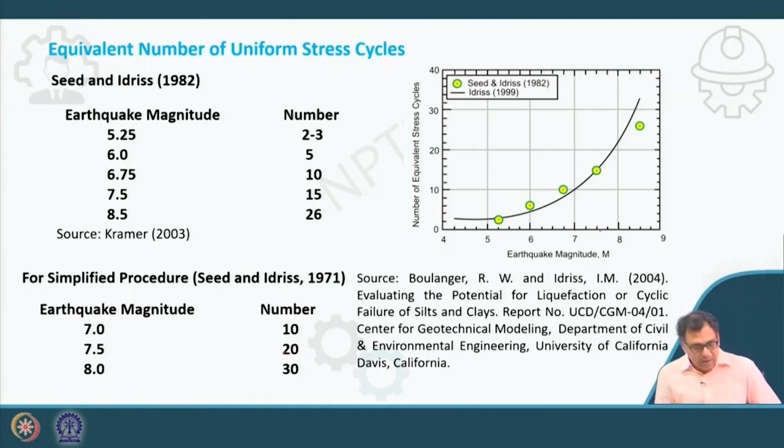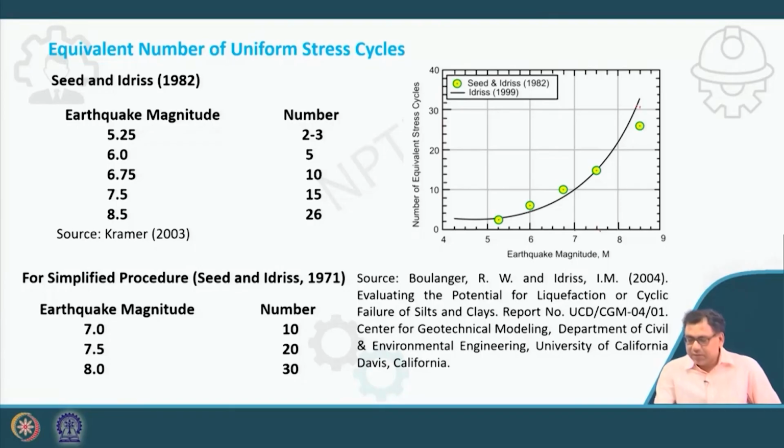After the revision, we can take the number of equivalent cycles for 7.5 as 15, and for 8.5 as 26. It was proposed in 1971, revised in 1982, then in 1999. For 8.5 it is around 26, or around 30 to 31.